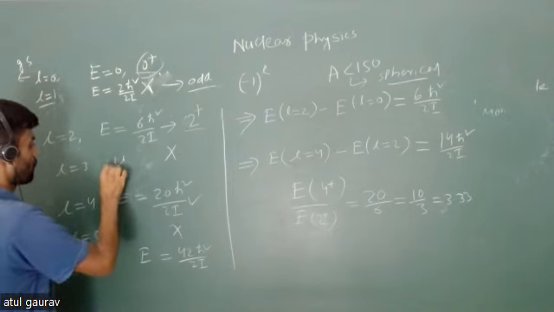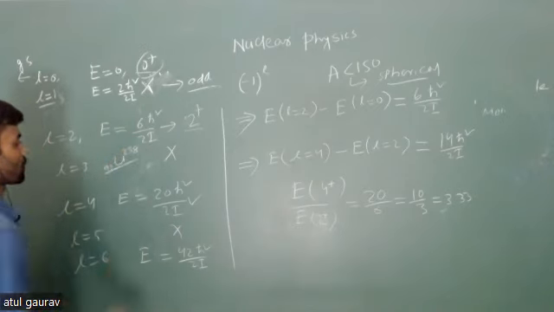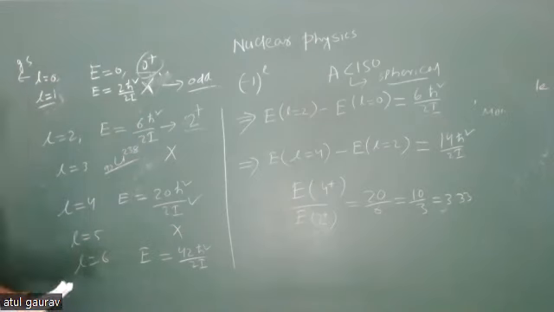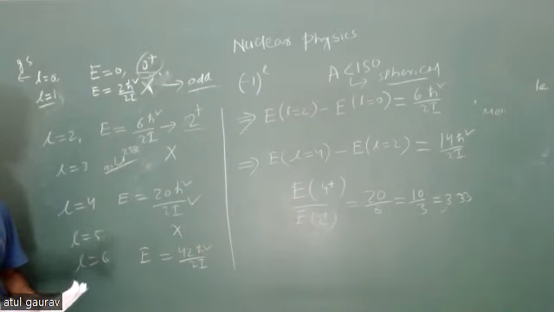Atomic mass is 235 and 238. So the first excited state of the rotational spectrum of uranium nucleus is 45 keV, kilo electron volt. Calculate the energy of the second excited state.